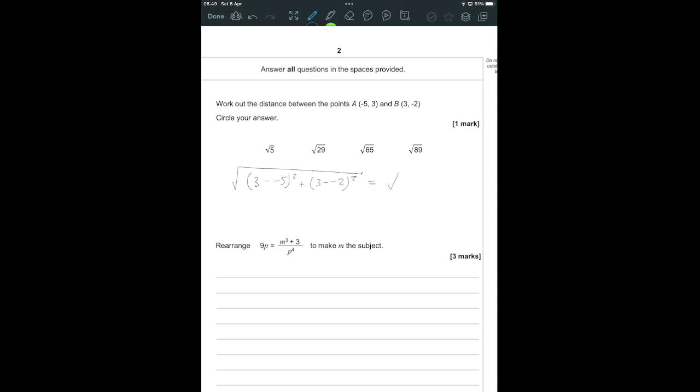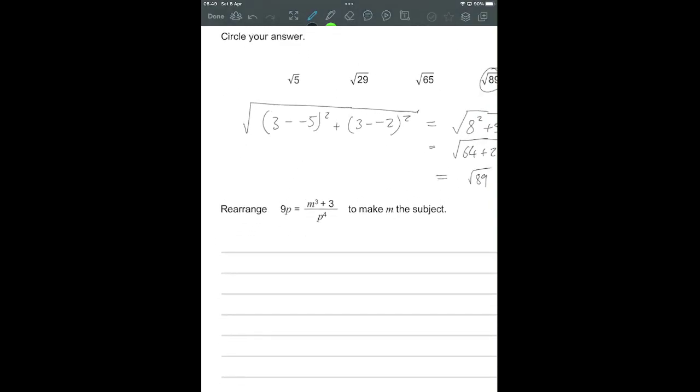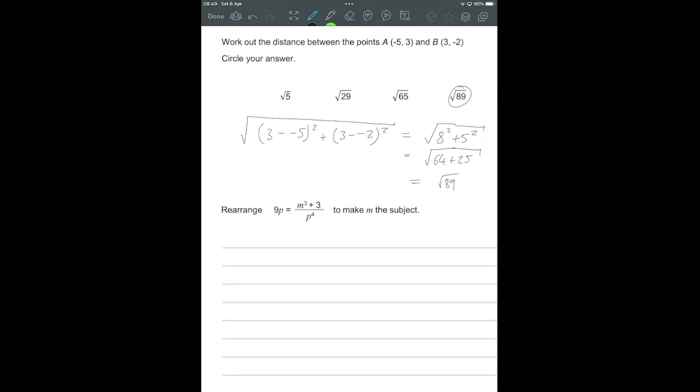I've just done it here to make the numbers the most pleasant and avoid negatives. Of course it does matter when you're doing gradient. Now notice this is the non-calculator paper, so I'm adding those extra lines of working just to allow my mental arithmetic to keep up.